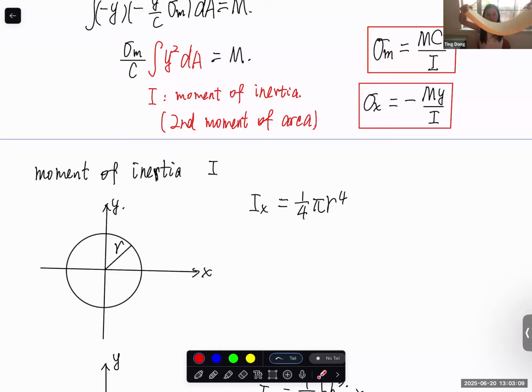Y positive means it's above the neutral surface, and you will have negative stress. Same thing: positive bending moment, and if you have a point below the neutral surface, y becomes negative, negative times negative gives positive, so you have tensile normal stress, positive. But for this equation, it's purely the maximum magnitude of normal stress. There's no sign here. c is a distance, the maximum distance.